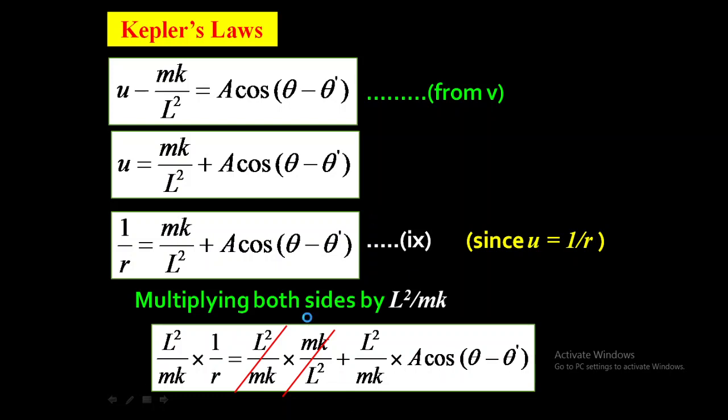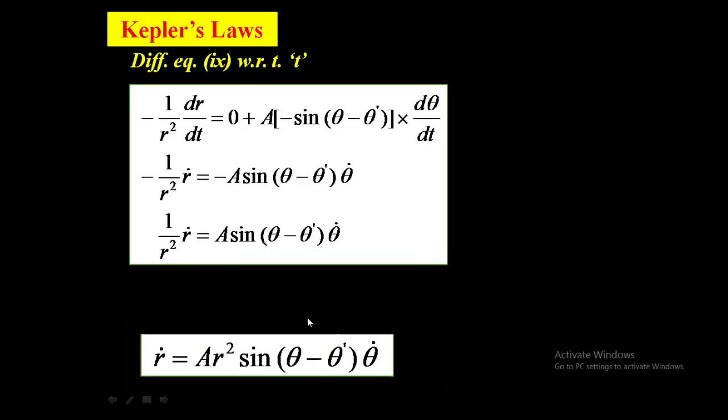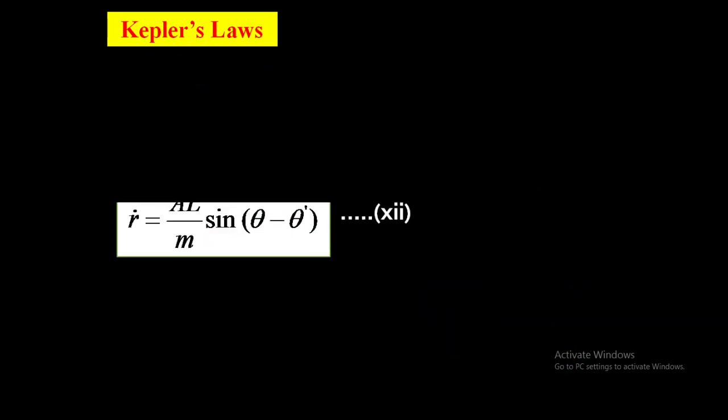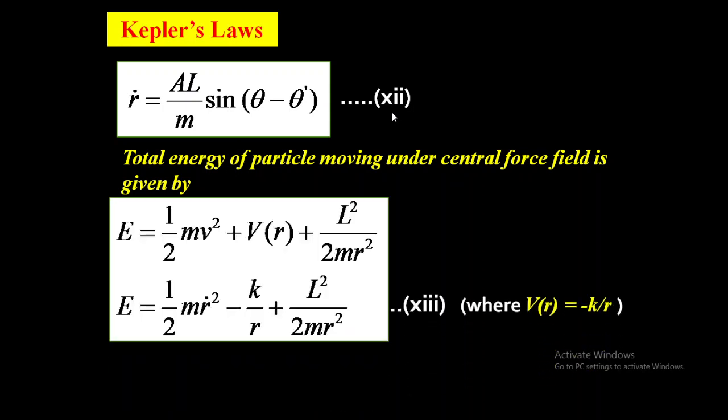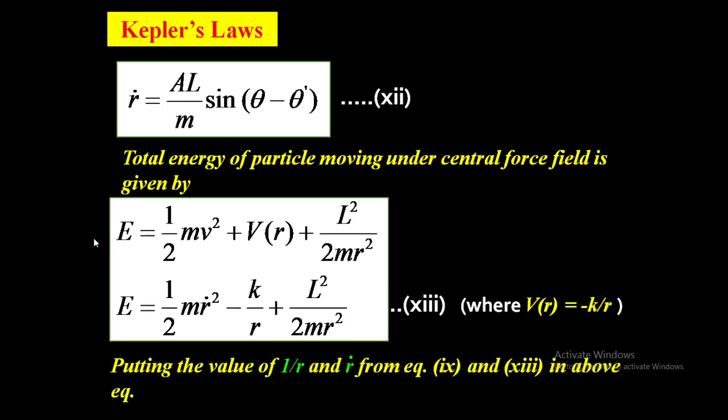And the value of r dot is al by m sine (theta minus theta dash) from equation number 12. So we will put the value of r dot and 1 by r in equation 13 from equations 12 and 9.